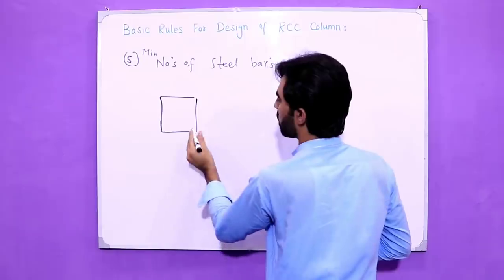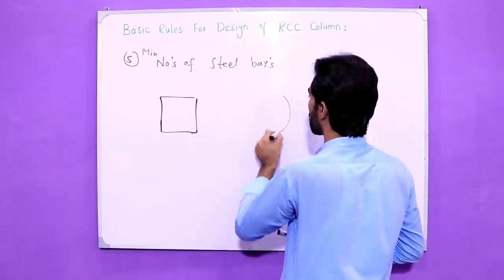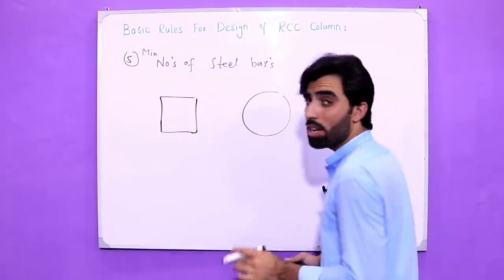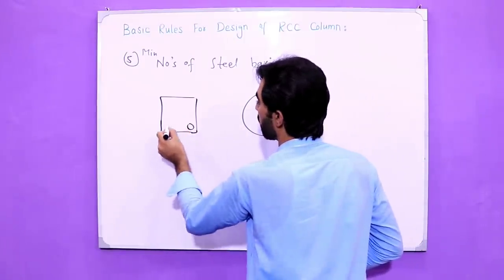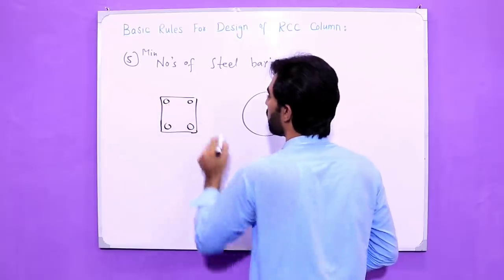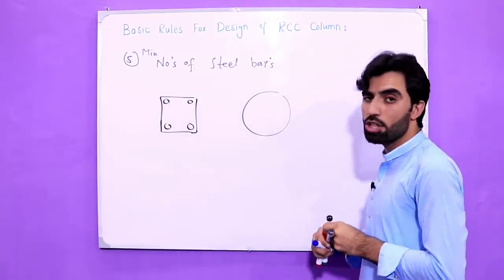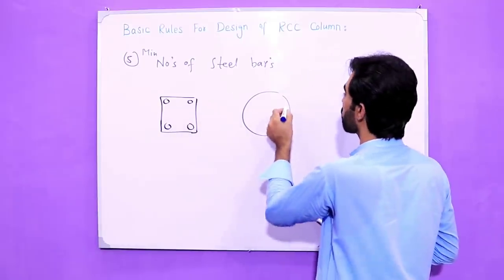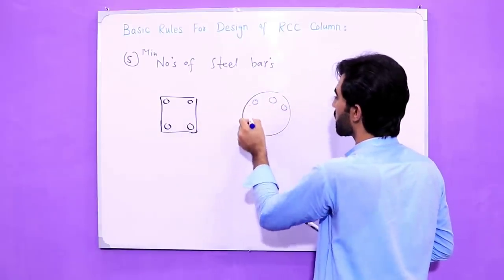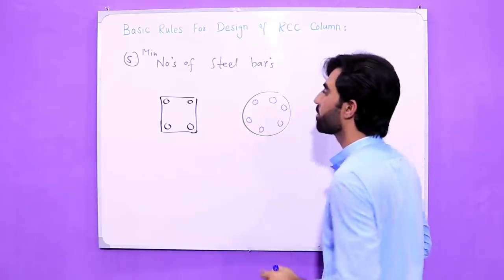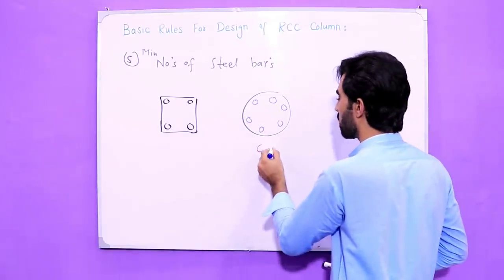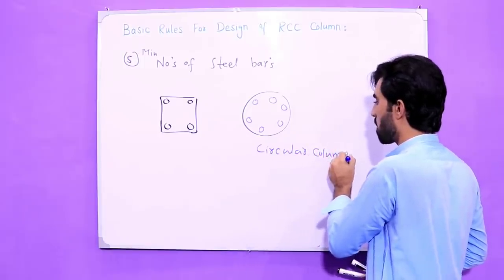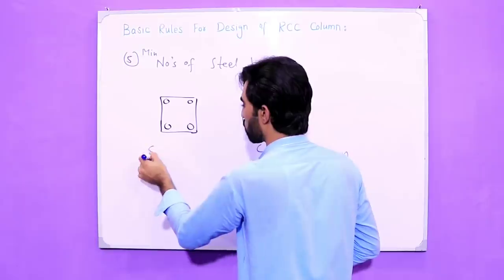One is square and the other one is circular. Square and rectangular column use minimum 4 numbers of steel bars, and circular column use minimum 6 numbers of steel bars. This is circular column and this is square column.